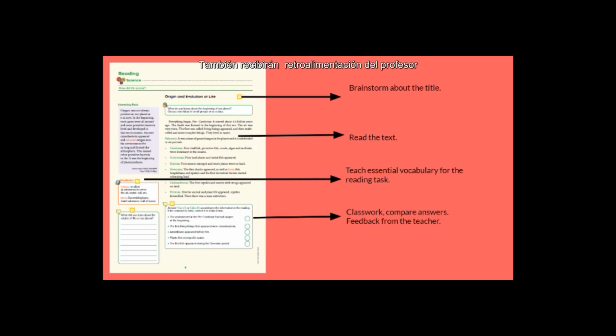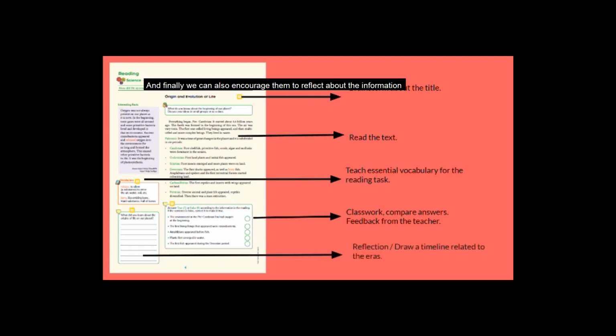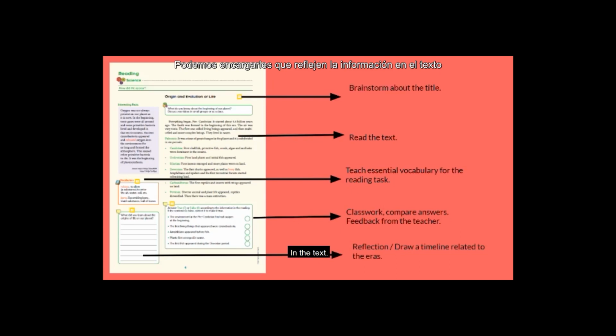They will also receive feedback from the teacher. And finally, we can also encourage them to reflect about the information in the text. We can do other types of activities like draw a timeline related to the eras, because that is the topic of this reading.